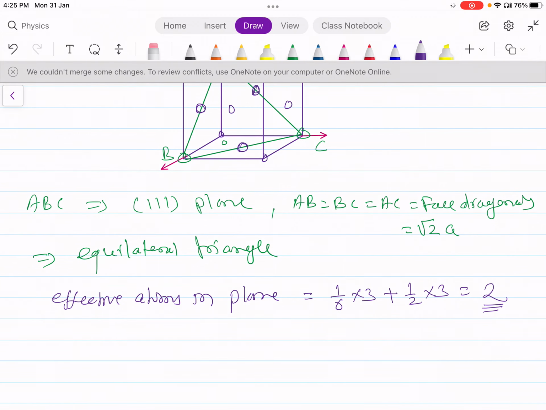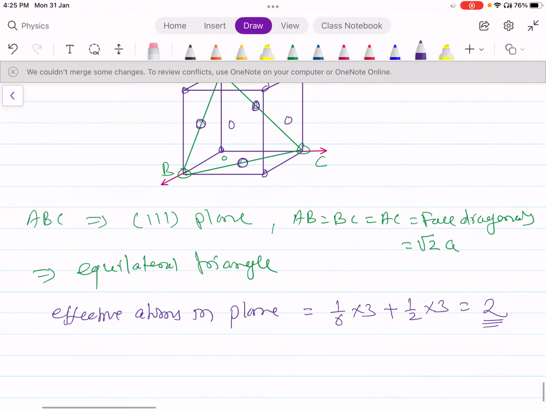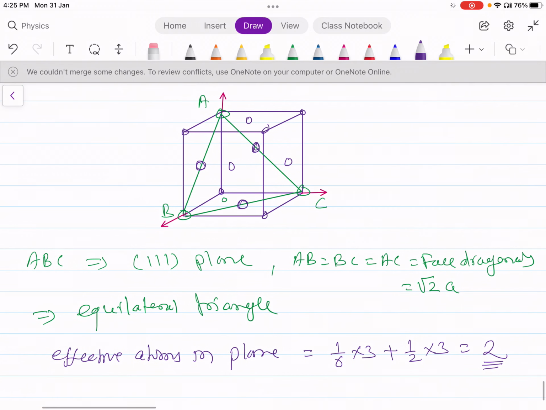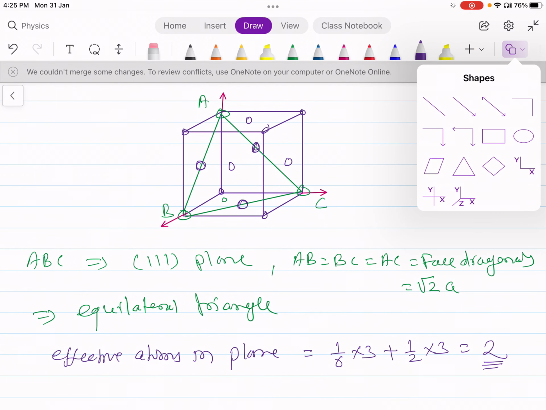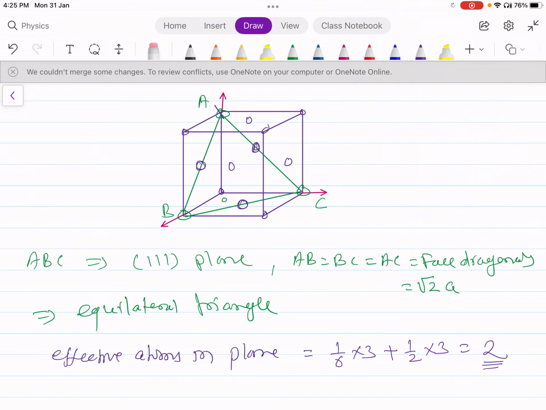Then we have to find the area of the plane. To find the area, what we need to know is the height of this equilateral triangle.